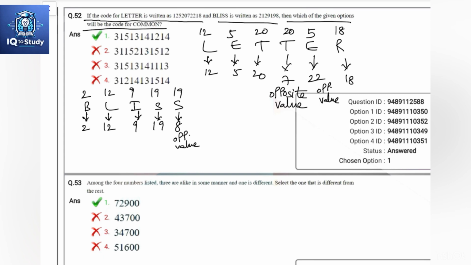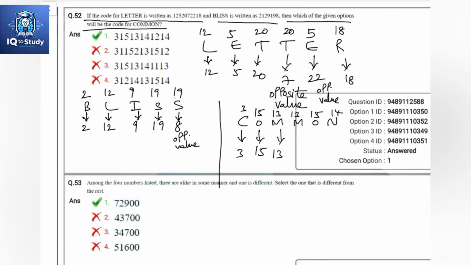In the same way, we have to find COMMON. Let's take the positional values first. C means 3, O means 15, M means 13, N means 14. C is 3, O is 15, and M 13.